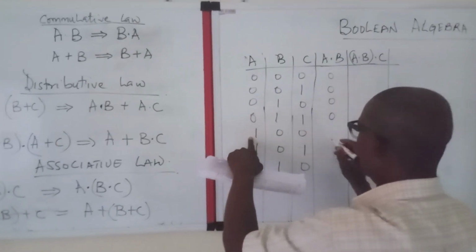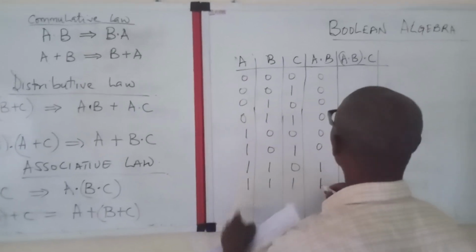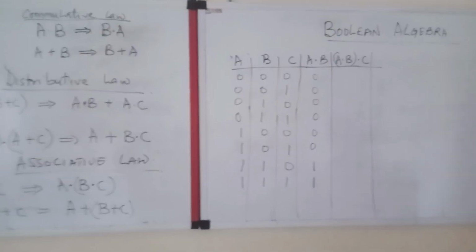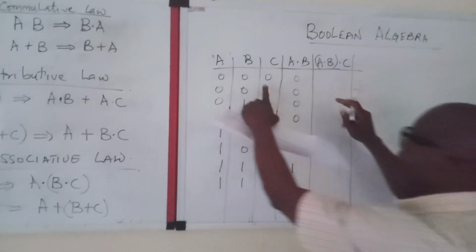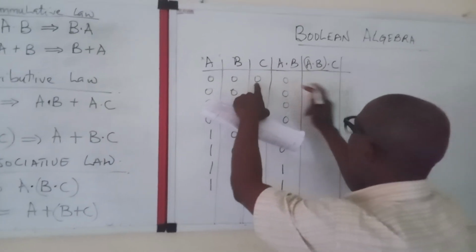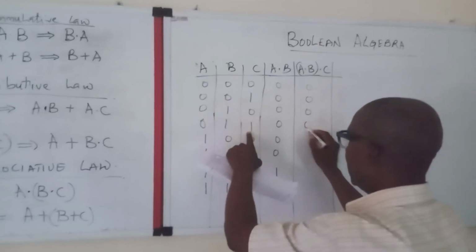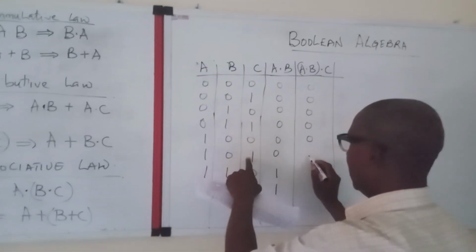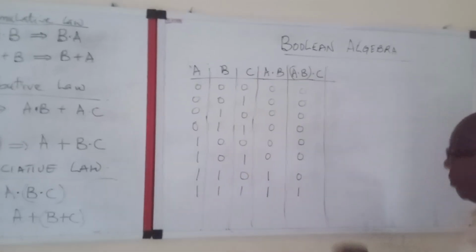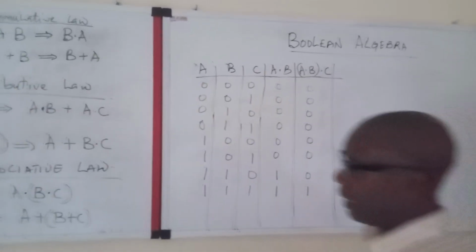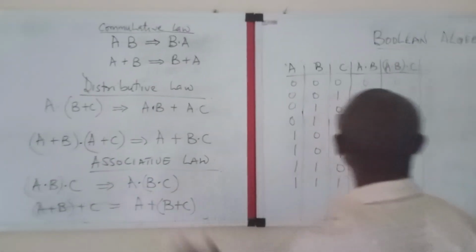Remember, this is AND, 0 there, 0 there, 1 and 1. Now these results and C, so we have 0 there, 0 there, 0 there, 0 there, 0 there, 0 there, 0 there, and 1. This is the left-hand side of this equation.